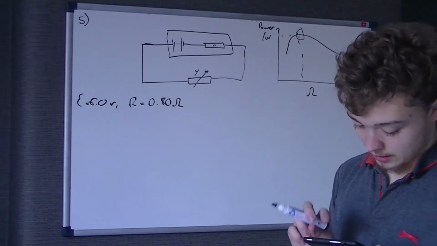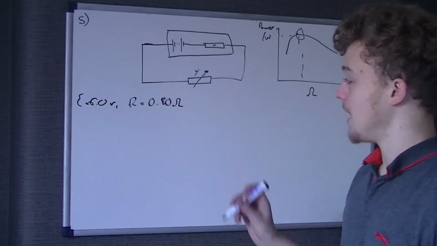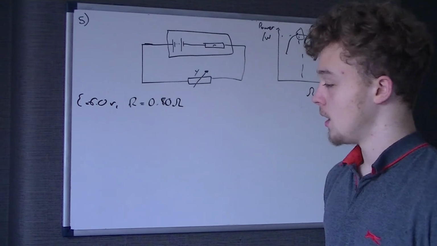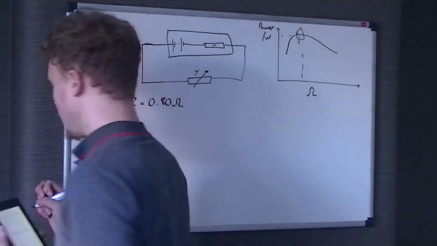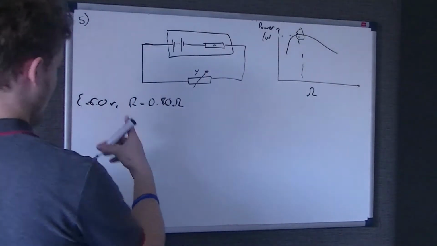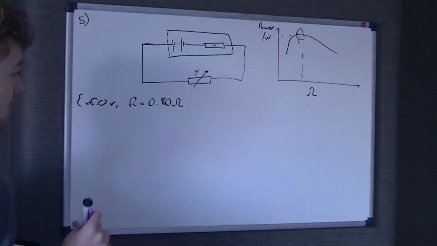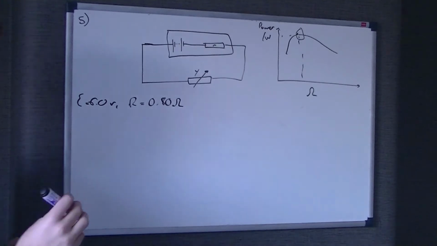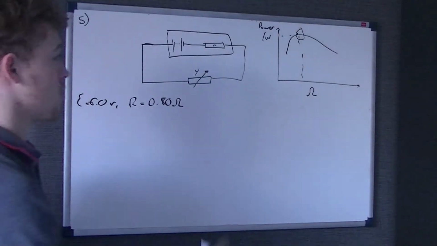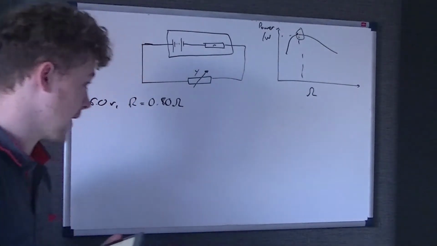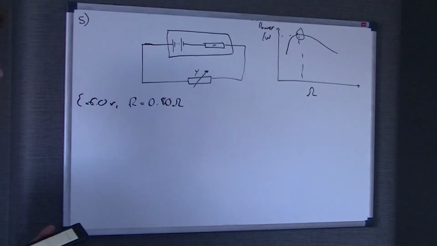Use the data to calculate the current through the battery. Okay, well, what we've got here is some kind of V, potential difference, when it's actually EMF, and R. So we're going to have to use some kind of power equation because we've got a power over here.